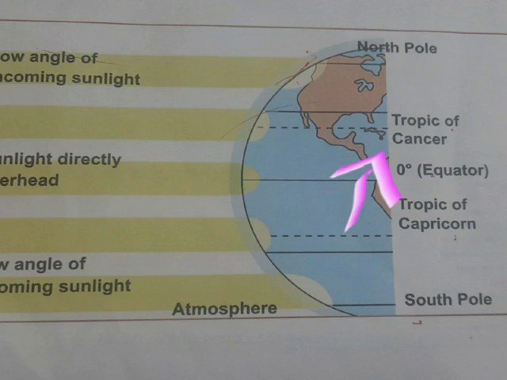Clear? In this area, the sun rays fall vertically and spread over a small area near the equator. Understood, children?